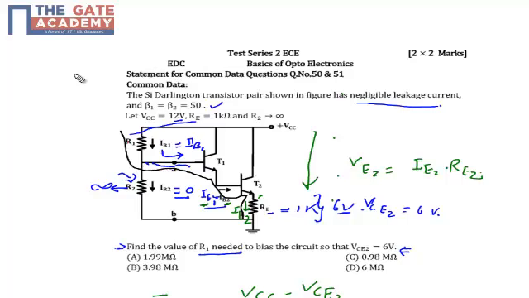In this path from VCC to ground, we have one resistor R1, across which we have the current IB1. Then we have a base to emitter drop, which is always equal to 0.7 in forward bias. Then we have again a base to emitter drop, also equal to 0.7 in forward bias. Then we have IE RE, which is equal to 6 volt.